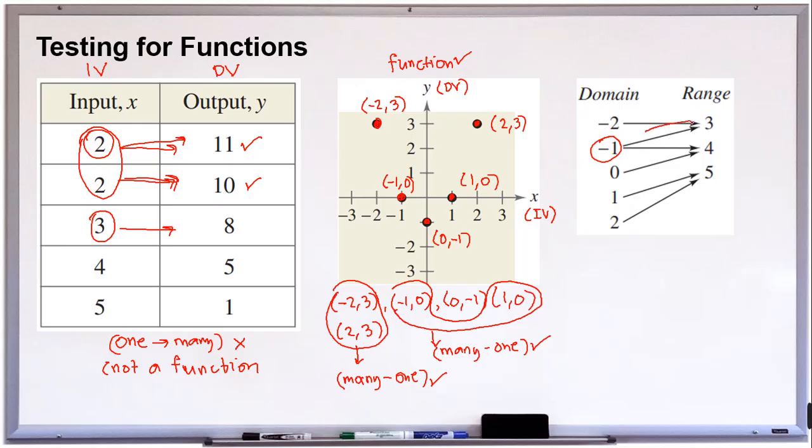So therefore, at this section, we found out that we have a one to many relation. So if we have a one to many relation, it indicates that this is not a function.